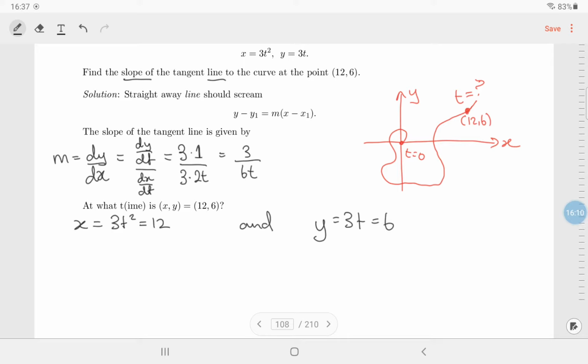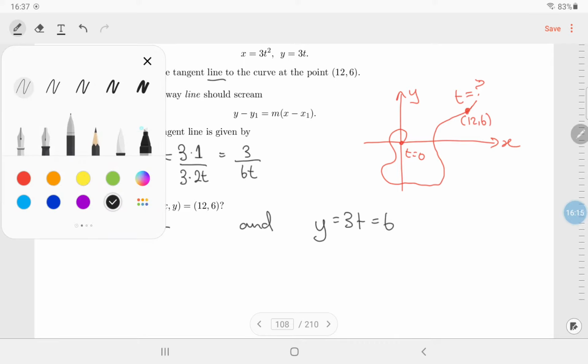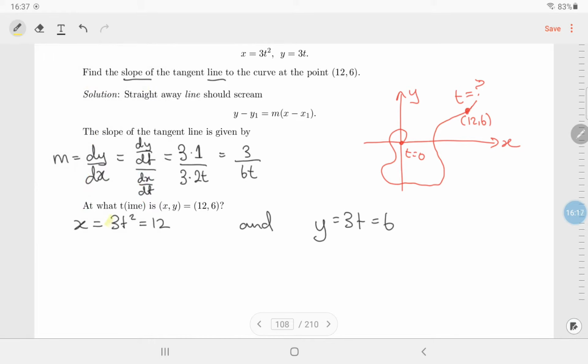So we want 3t squared equal to 12 and 3t equal to 6. Now, what you should do here really is solve one of them, which is the easy one, and check the solutions in the other one.